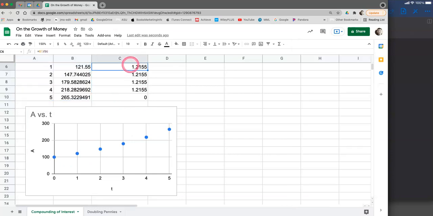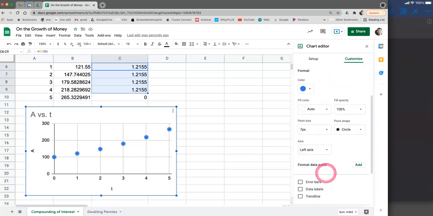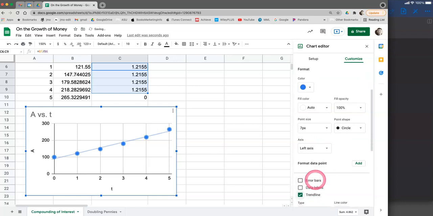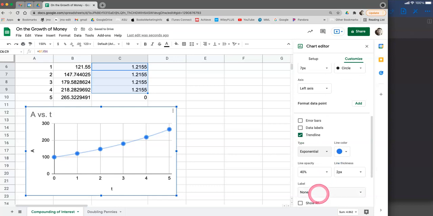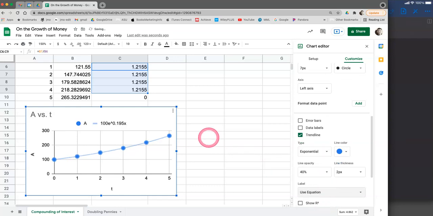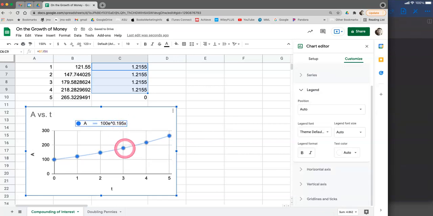Well, we can tell that this ratio of A values is the same, and therefore what we know from that is that if we were to click this data, add a trend line, and ask the computer to do an exponential function through that data and show the formula, that this formula is an exponential function that goes exactly through all the data. That is because we know this works because this ratio is a constant.